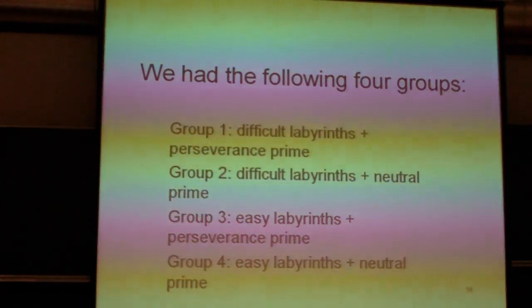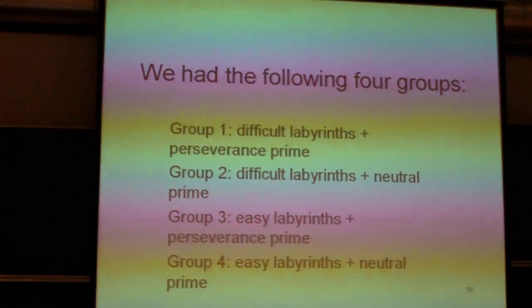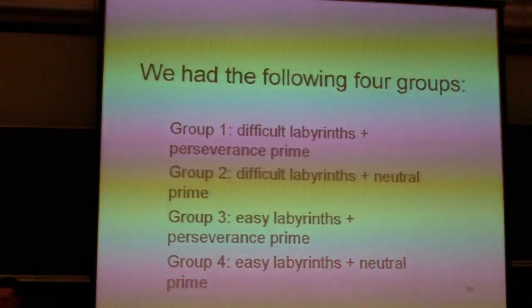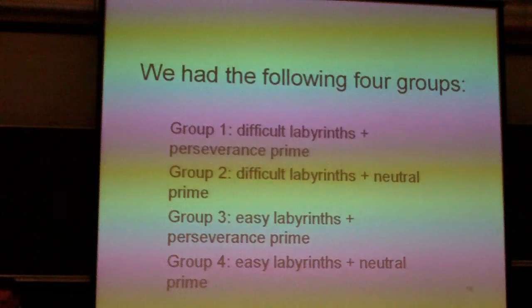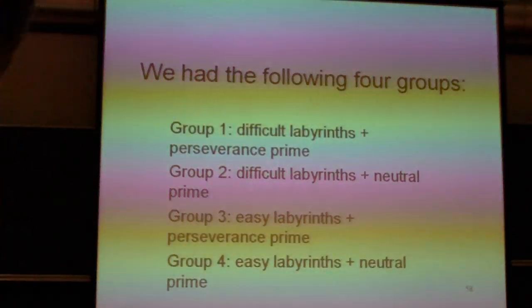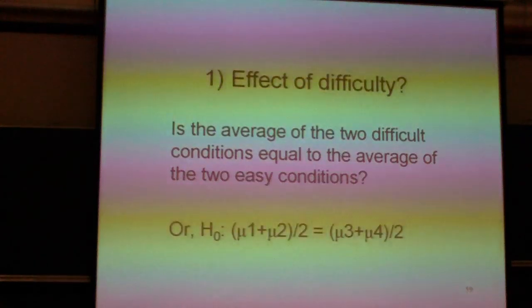Now, we had the following 4 groups. The first group had difficult labyrinths and a perseverance prime. The second group had also difficult labyrinths, but a neutral prime. And the third and fourth groups both had easy labyrinths, but were differently primed.